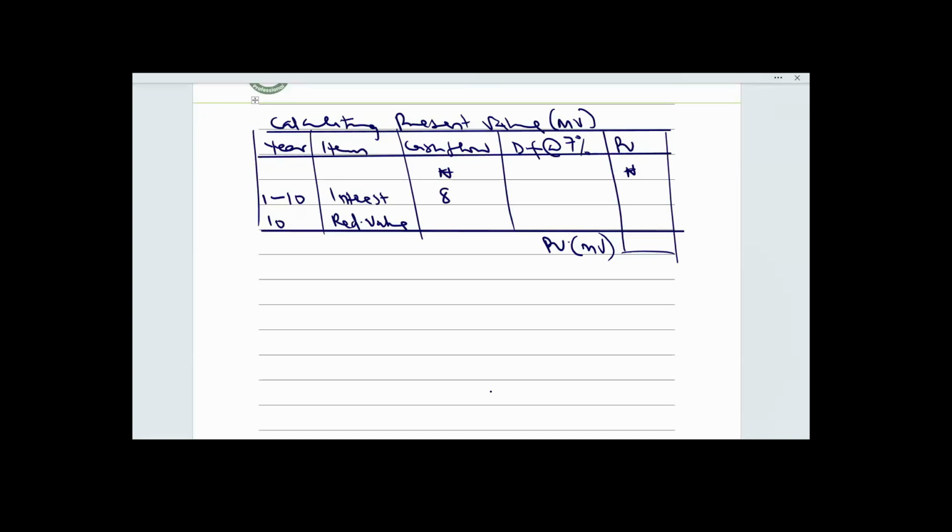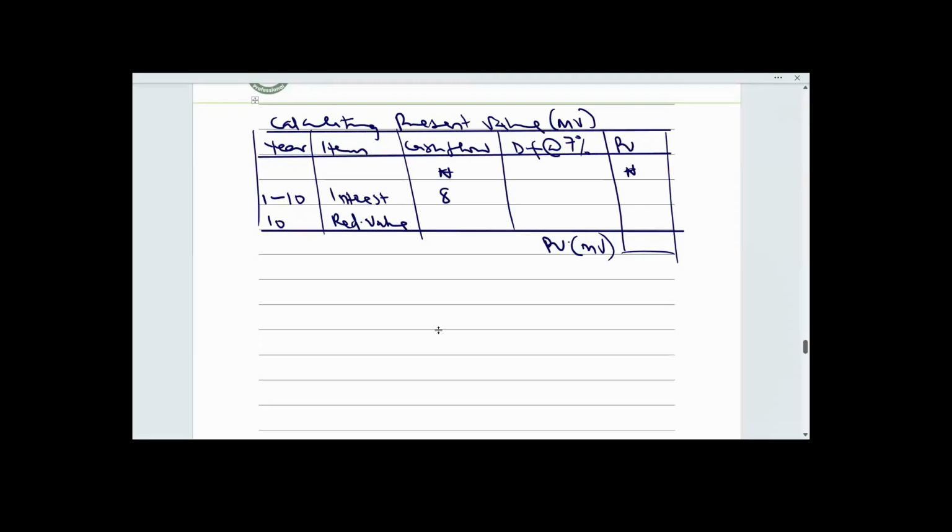And that's why, instead of doing it year 1, year 2, year 3, year 4, up to year 10, since the 8% is constant, we use the annuity factor. A wise student should have gone ahead to give me the annuity factor of year 1 to 10 at 7%. What do you have?